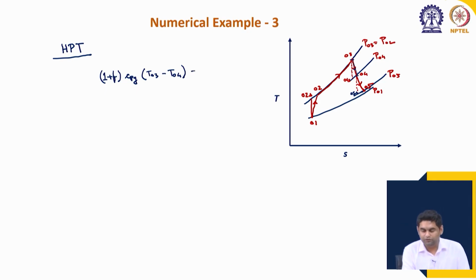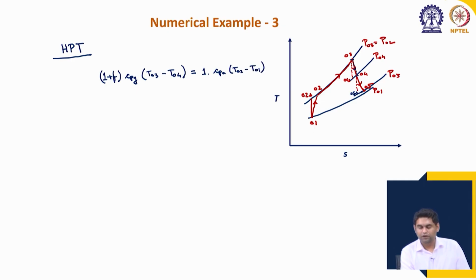This should be equal to the work required for running the compressor, which is 1 into Cp of air into (T02 minus T01).